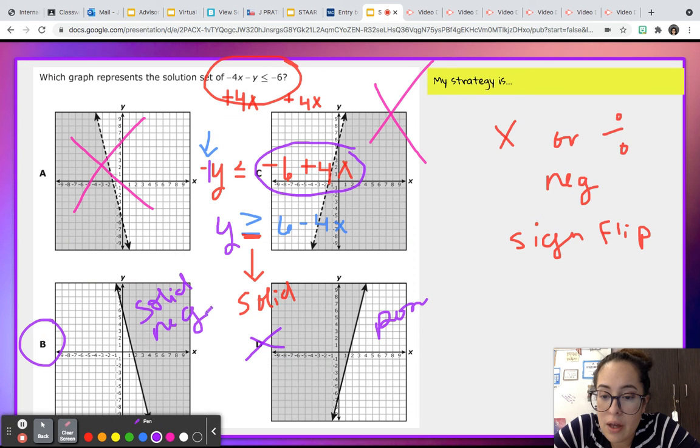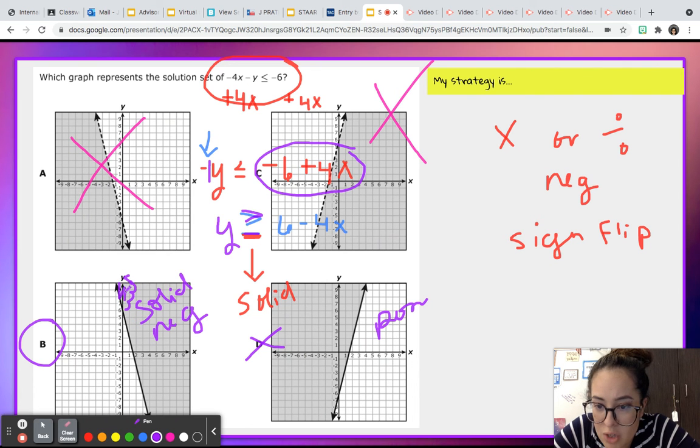Also, the shading is correct too, because remember what I tell you guys to focus on: the y-intercept. If my symbol is greater than or equal to, that means I'm going to shade all of the area that's greater than my y value.